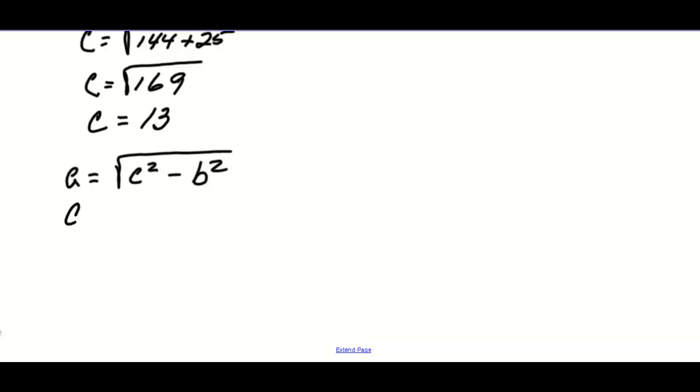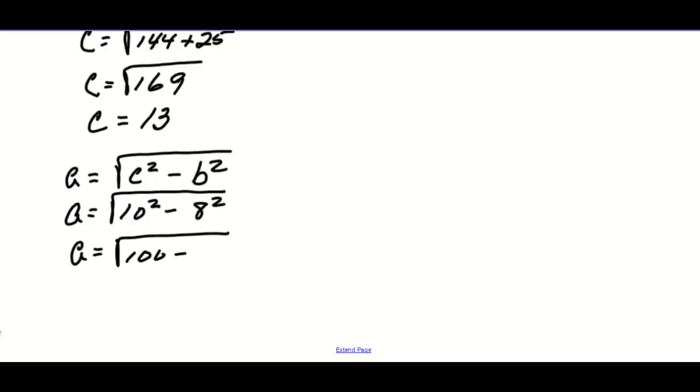So substituting in, a equals the square root of 10 squared minus 8 squared. A then equals the square root of 100 minus 64. A equals the square root of 36, and as you recall, that's a perfect square, so a equals 6.